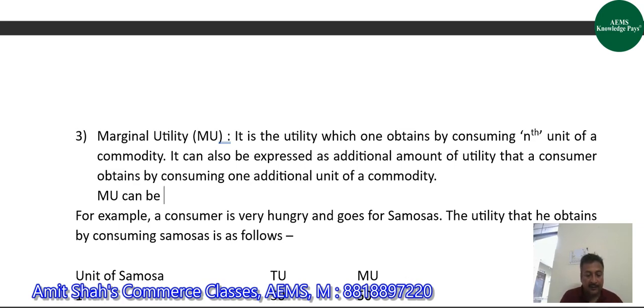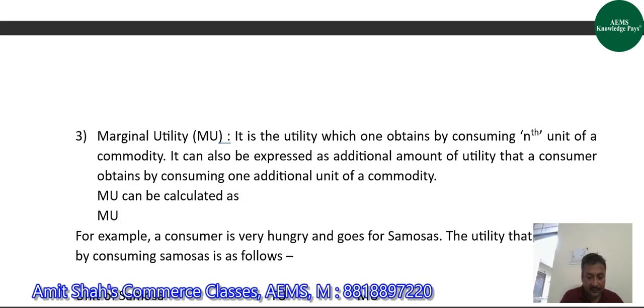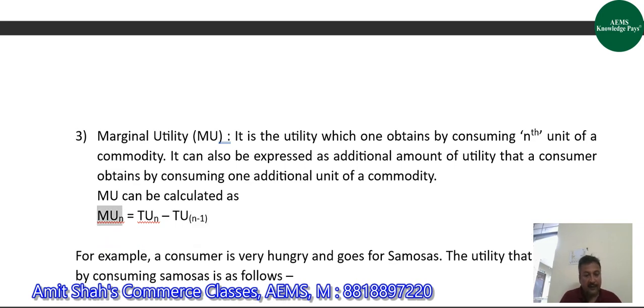MU can be calculated as: MU of the nth unit of a commodity is equal to TU of n units of a commodity minus TU of n minus 1 units of a commodity.